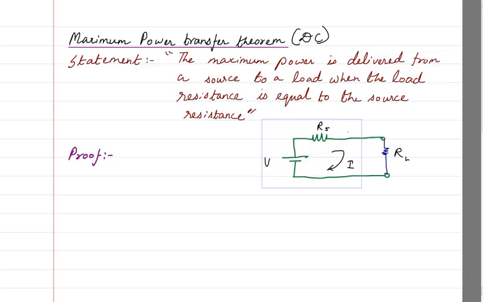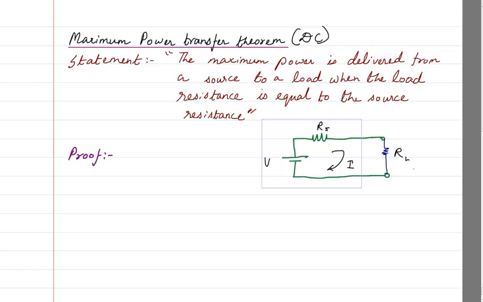What the maximum power transfer theorem says is that the maximum power from the source is delivered to a load when the load resistance, so this is the load, is equal to the source resistance. That means when RL is equal to RS, at that time we will have the maximum power being delivered from the source to the load.